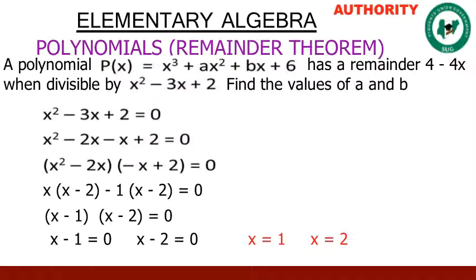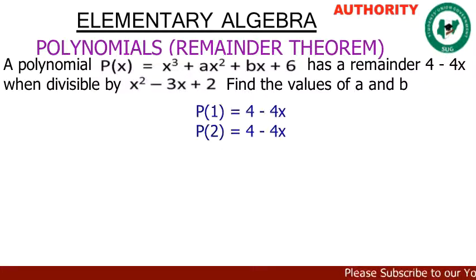We'll have x is equal to 1 and x is equal to 2. We finally have got values for x, which are 1 and 2. So we are going to have p of 1 is equal to our remainder 4 minus 4x, that is for the first one, and then the second one, p of 2 is equal to our remainder 4 minus 4x.